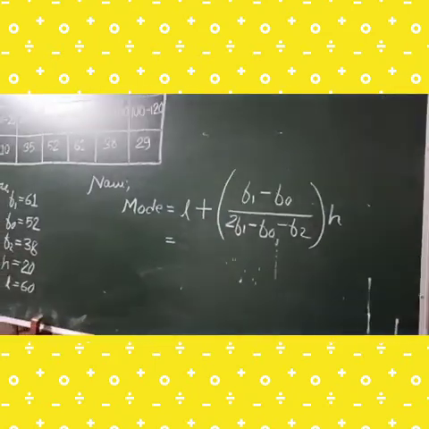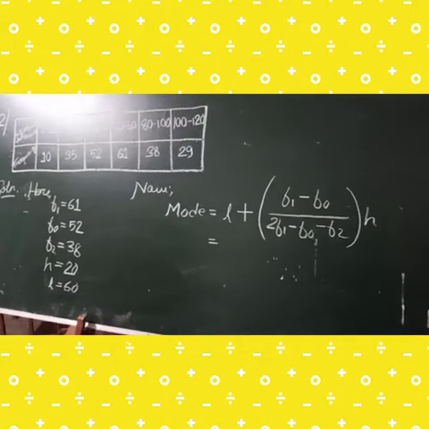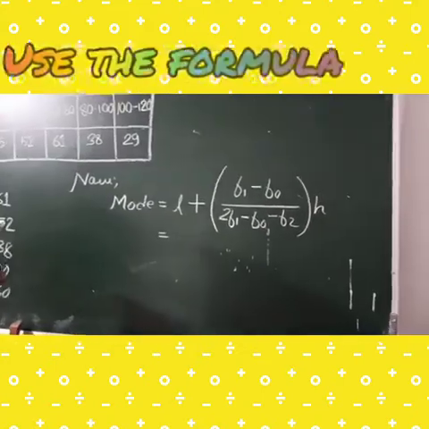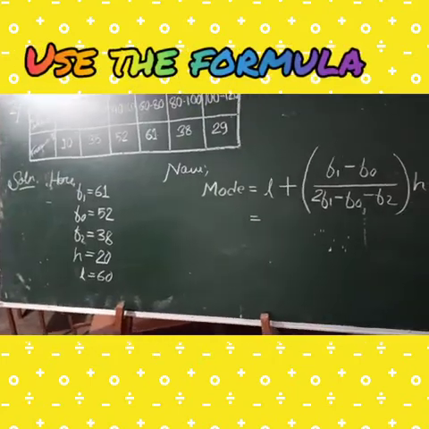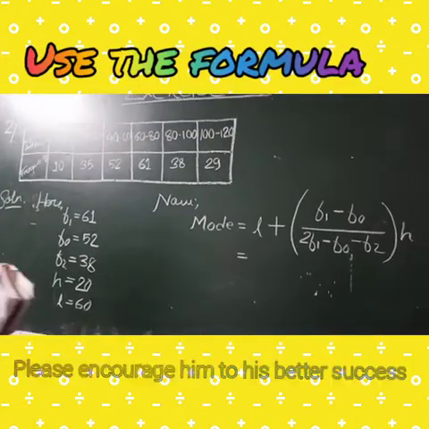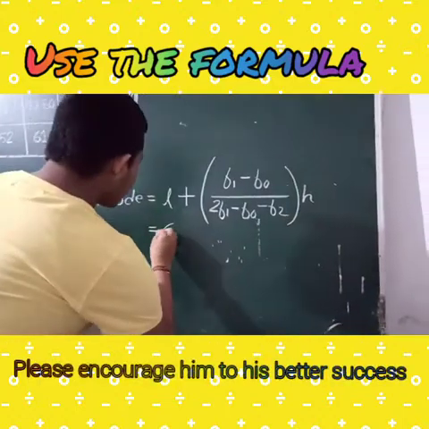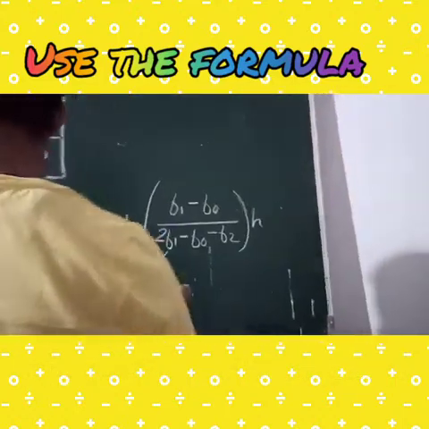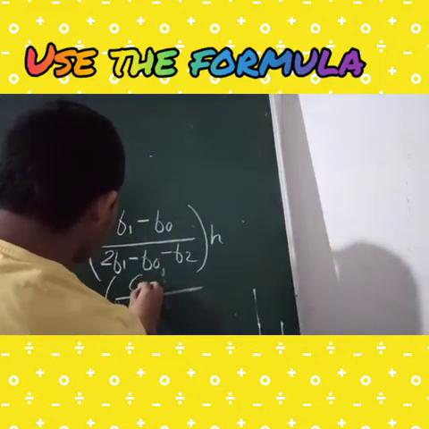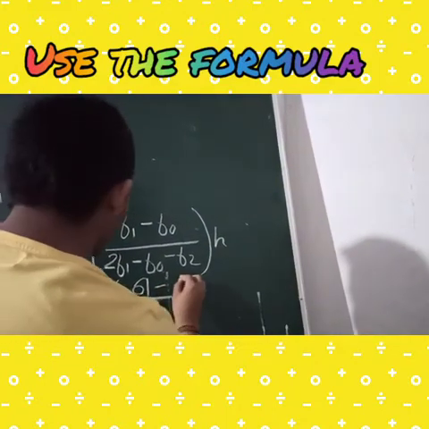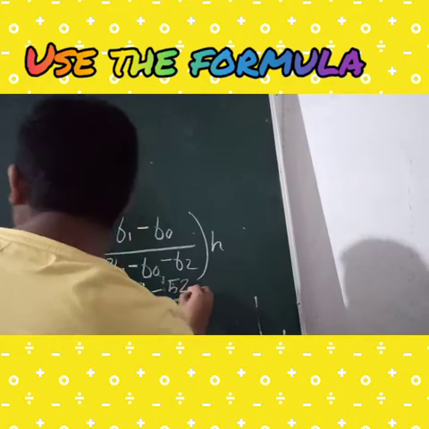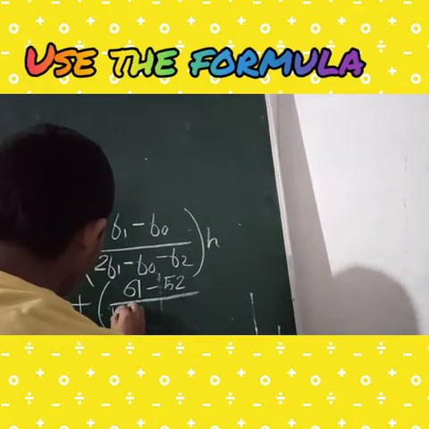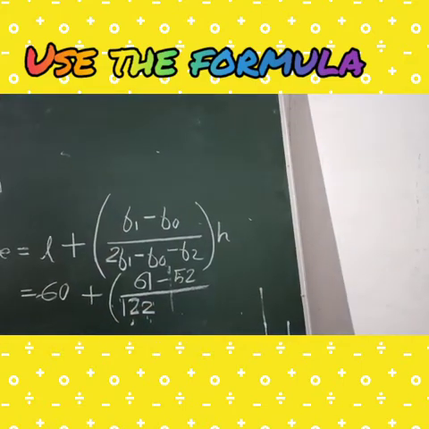So this is the formula for finding the mode of a frequency distribution table. Now accordingly we have to put the values from the table. So here L is 60, F1 is 61, F0 is 52, and twice F1 is 122.